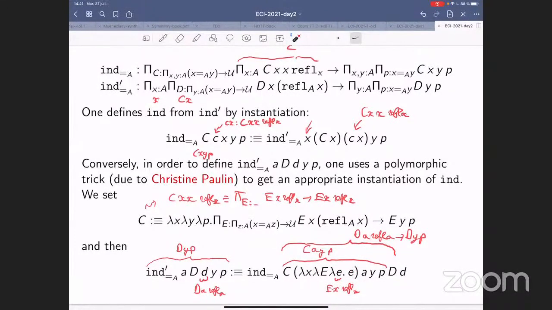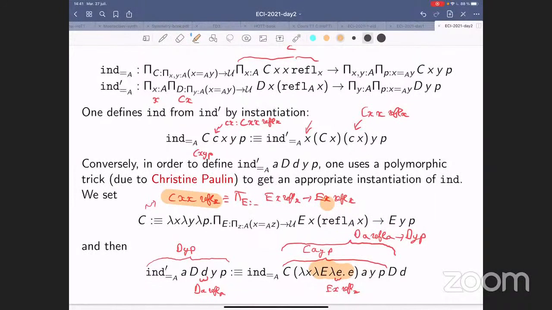So we are now working on this expression here, and we want to show that it is of type Cx reflex. But what is Cx reflex? If I instantiate C by applying it to x reflex, what I get is Ex reflex arrow Ex reflex, because Y is instantiated to x and P to reflex.